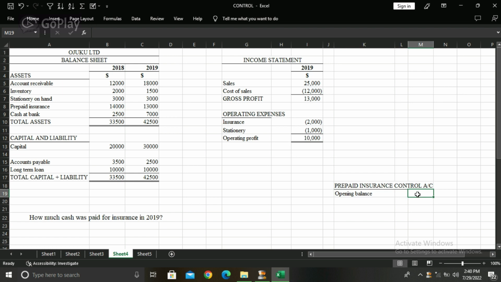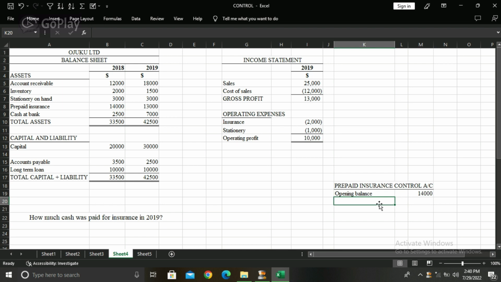Here we have 14,000, which we have deposited with the insurance company. Anytime they charge us for insurance, they are going to deduct it from this particular amount.